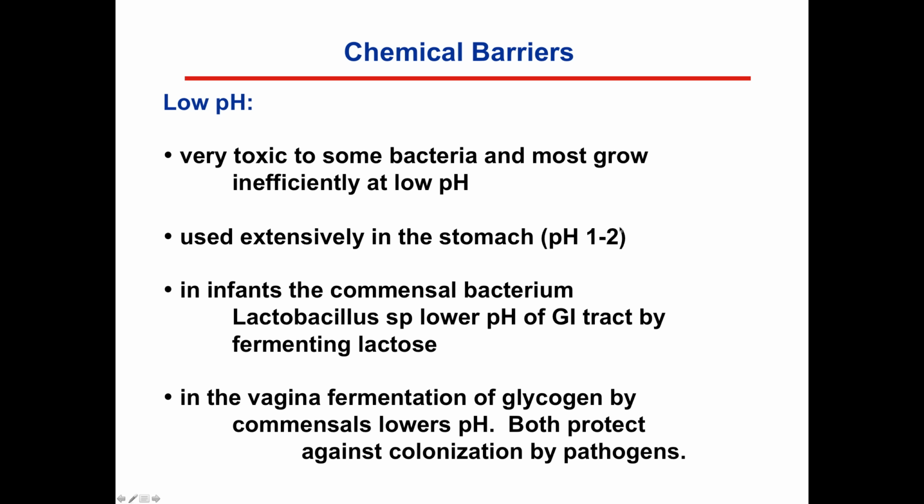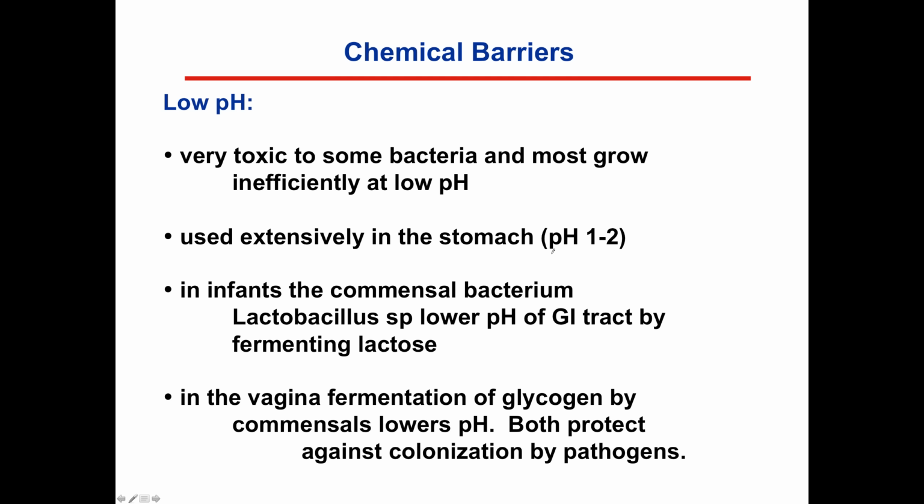That's a good thing, because if there's any salmonella that comes in with you when you're eating your lunch, your sandwich or your soup or whatever, this low pH provides a very hostile environment for bacteria, and can also lead to them being destroyed.